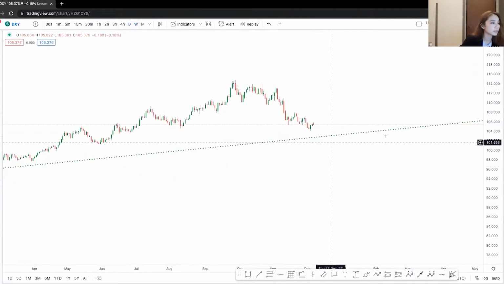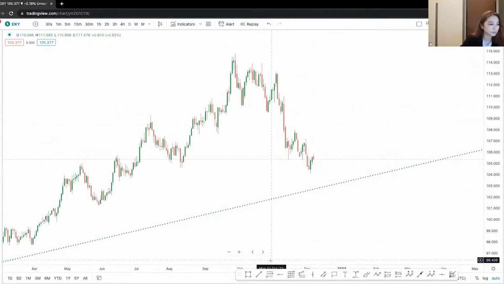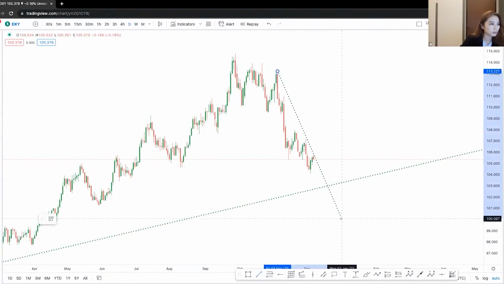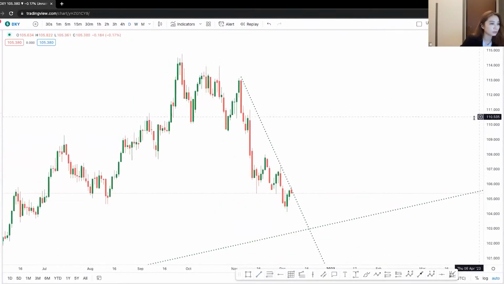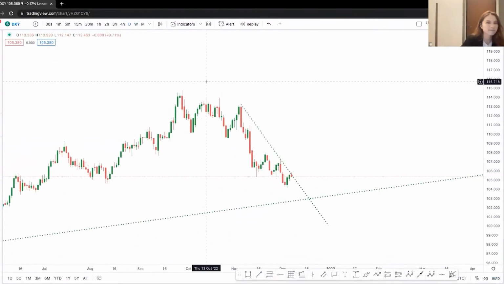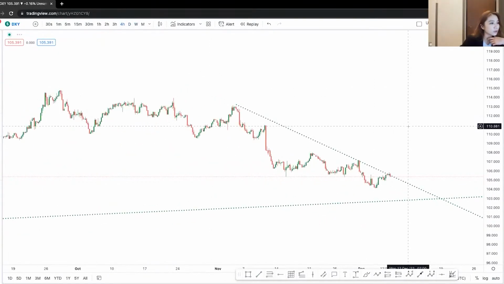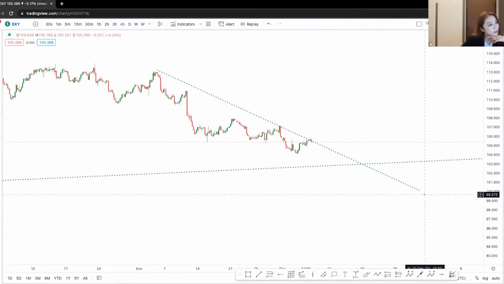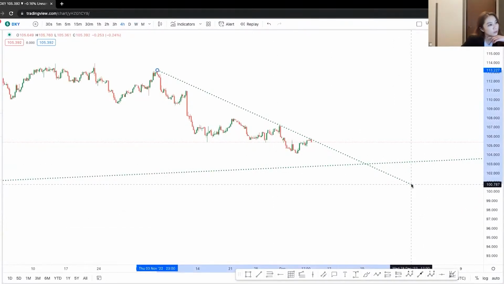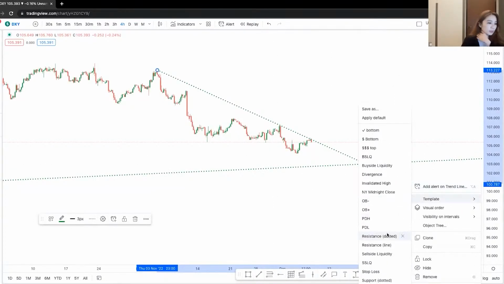Let's look at daily. So recently we're looking at a down drop. Let's look at H4. Yep, so looking at a downward fall for recent timings.